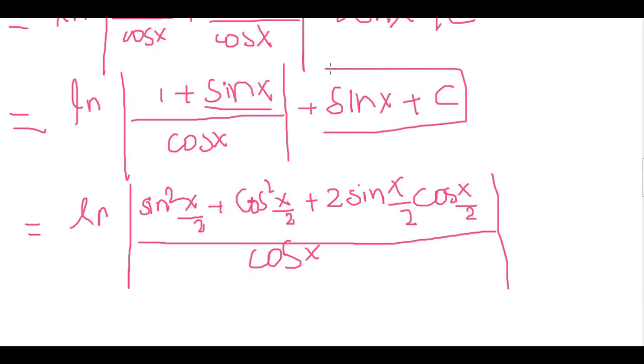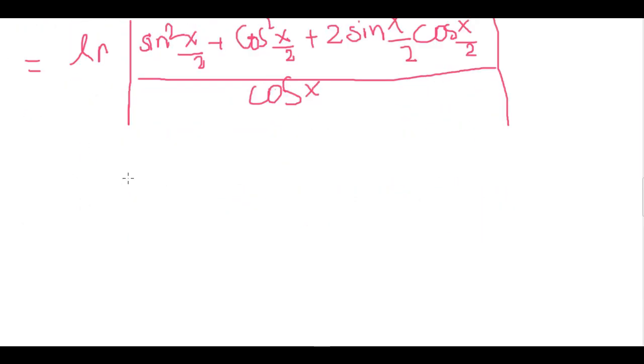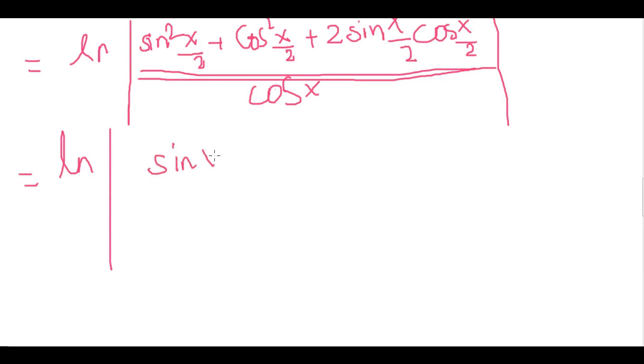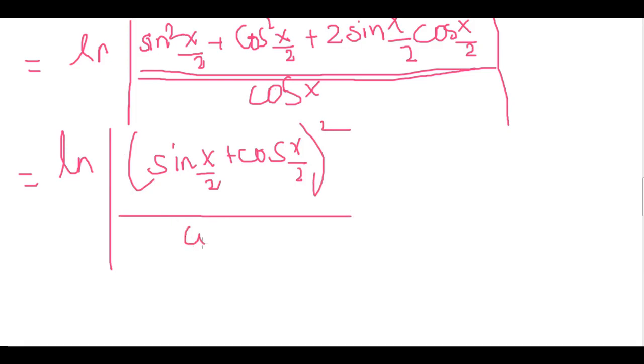I'll write this at the last. Now you have ln of, this can be written as, sin x by 2 plus cos x by 2 whole square, and at the bottom we have cos x.